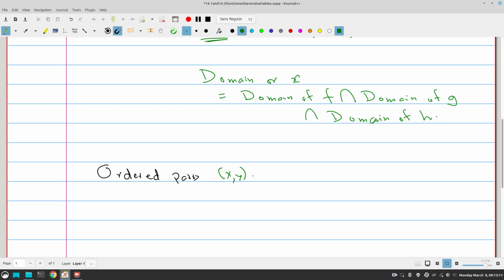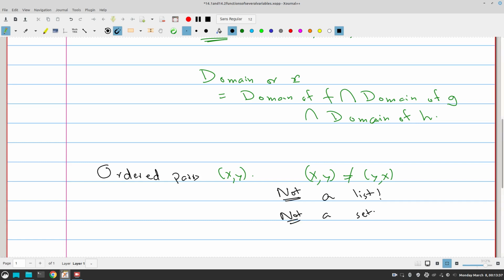This is an ordered pair because (x, y) is not equal to (y, x), meaning this is not a list, it's not a set.